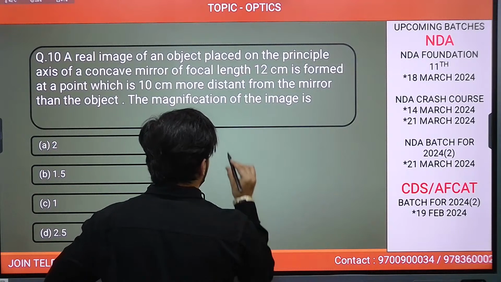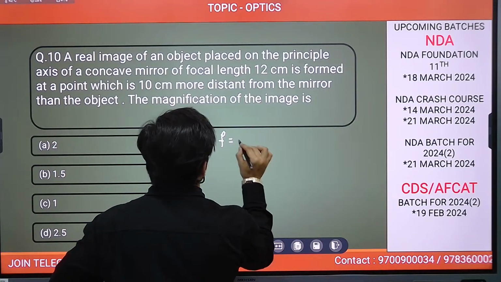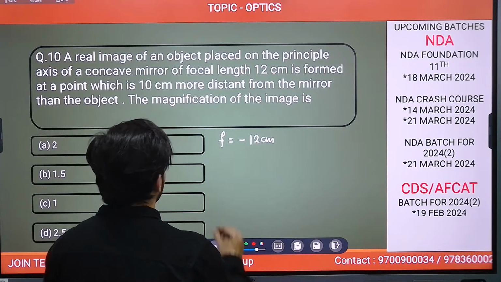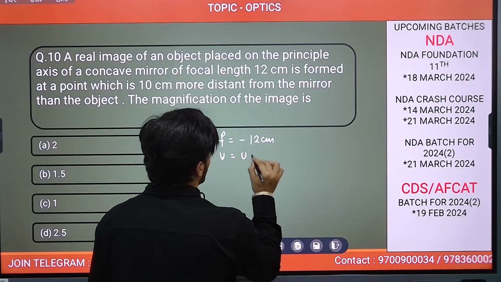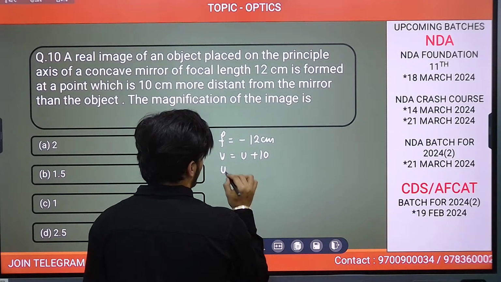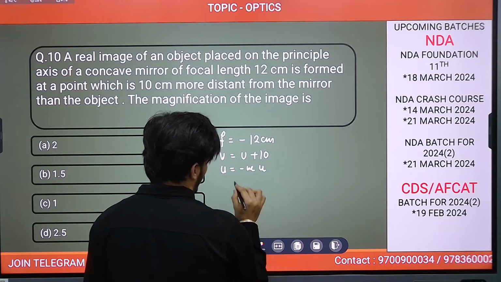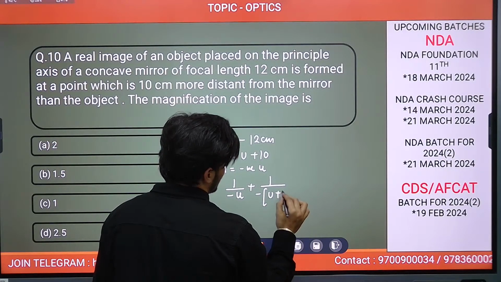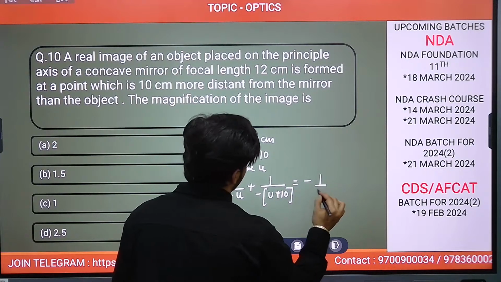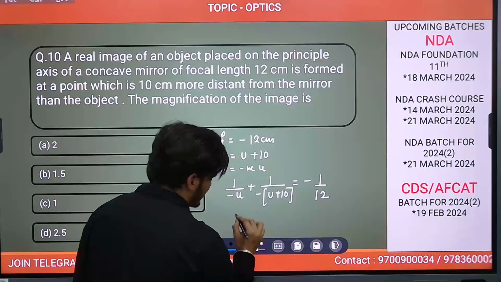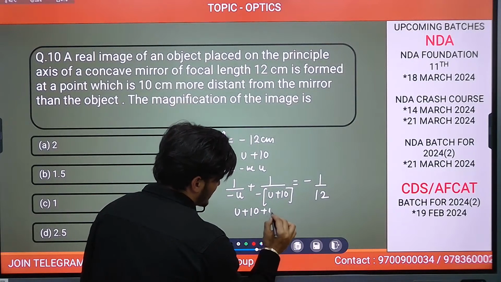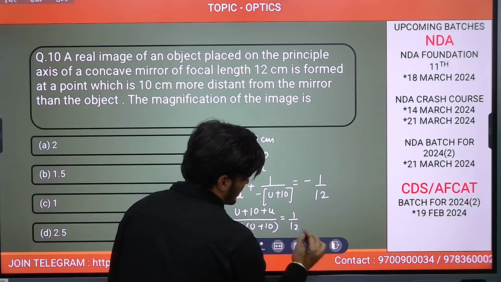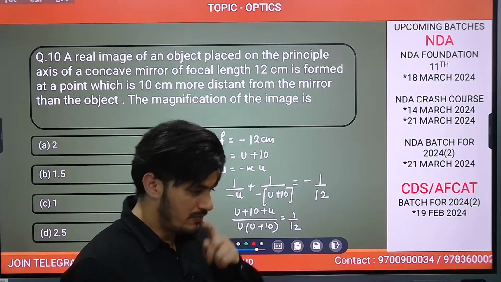Concave mirror है तो focal length आएगी -12 सेंटीमीटर, v आएगा u plus 10 और u हो गई -u. तो फॉर्मूला हो जाएगा 1/(-u) + 1/(-(u+10)) = -1/12. नेगेटिव से नेगेटिव कैंसिल, (u+10+u)/(u(u+10)) = 1/12.